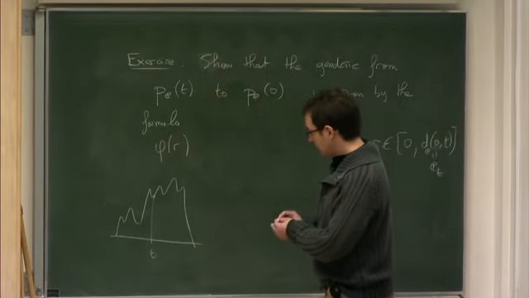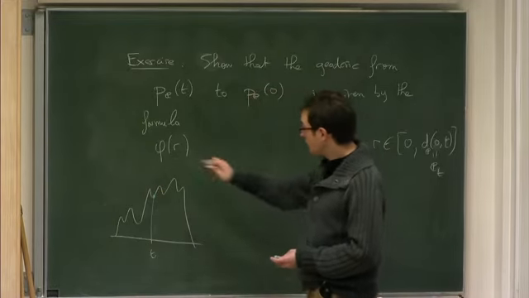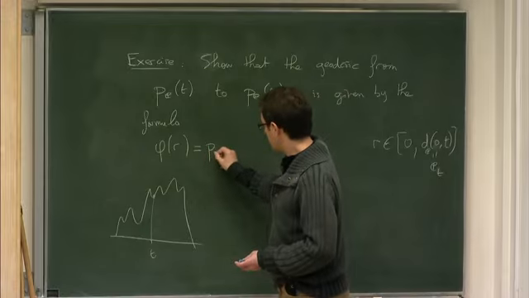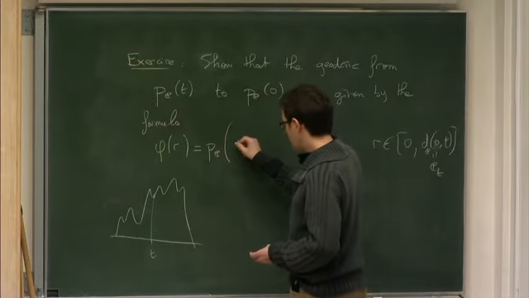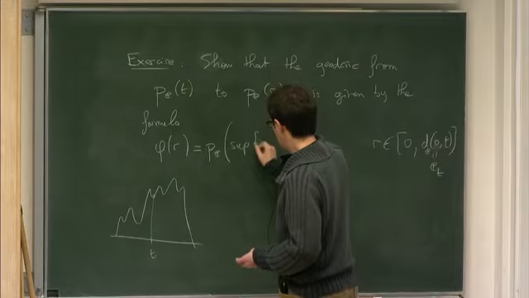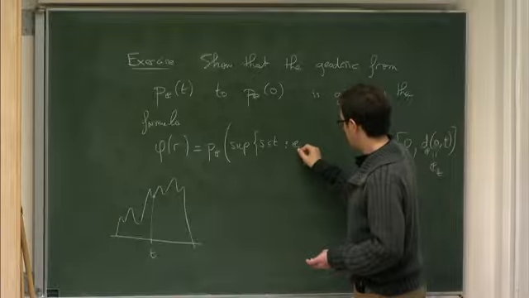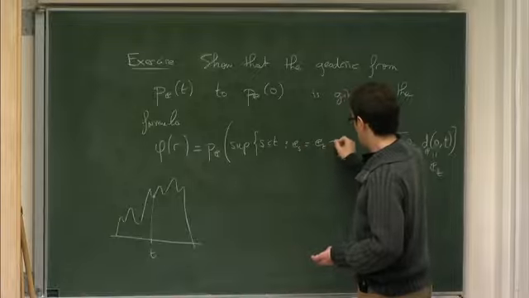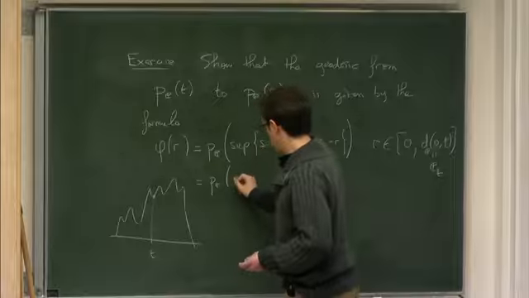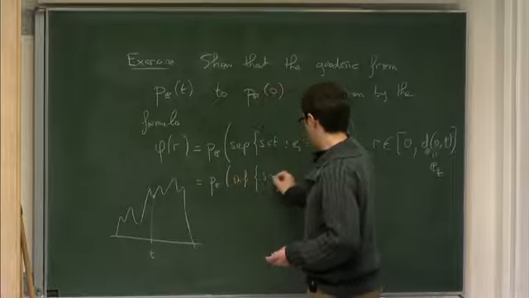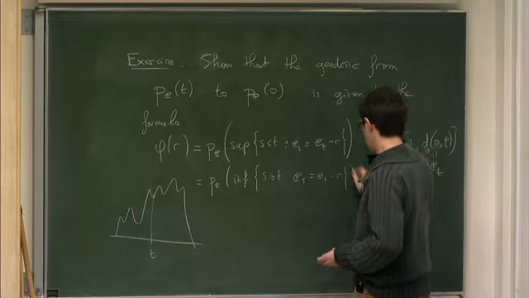But if you want to actually give a formula for the geodesic, then this should be the projection of, let's say, the supremum of s less than t such that e(s) is equal to e(t) minus r. And this is also equal to the infimum of times s bigger than t such that e(s) is equal to e(t) minus r.